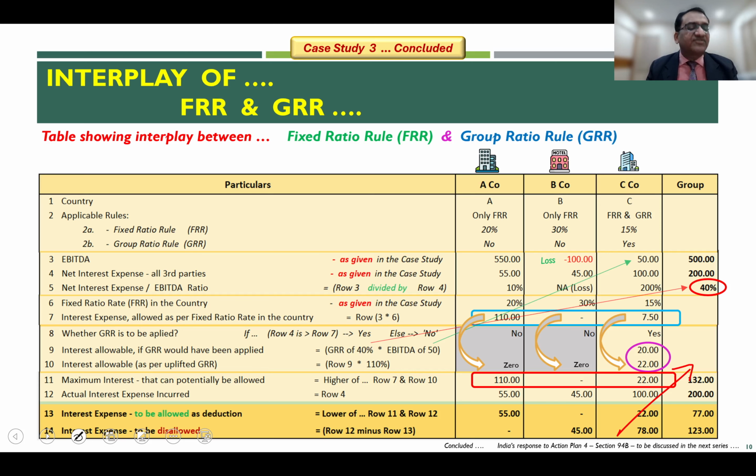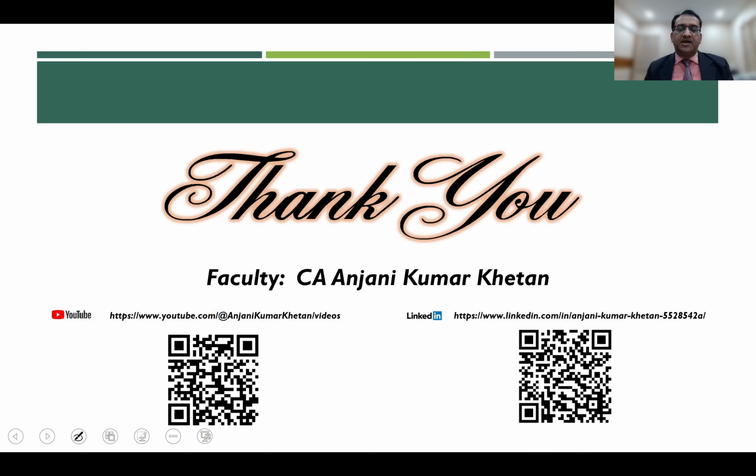So in the next series of videos, we will deep dive into section 94B of the Income Tax Act, how it operates in consonance with the requirements of the BEPS Action Plan 4. This is yet to be discussed. This we will discuss in the next series of videos. So this is what I wanted to cover for this particular video.